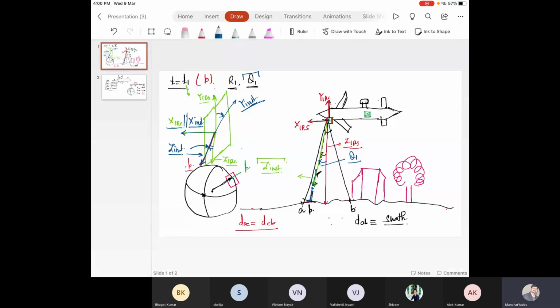It means the instantaneous coordinate system. You rotate the instantaneous coordinate system by angle theta in anti-clockwise fashion, then z instantaneous coincide with z IRS, y instantaneous coincide with y IRS. So rotation has to be performed about x-axis.